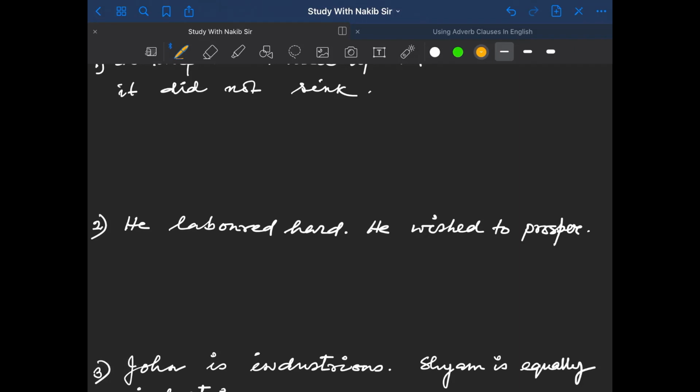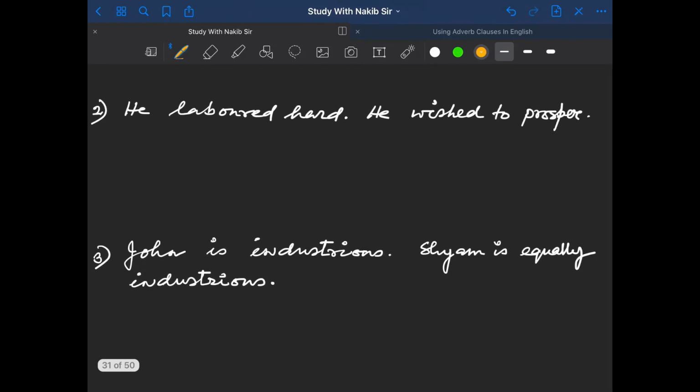Number 3 and the last one, John is industrious. Sam is equally industrious. Students, copy the questions in your exercise book and do the works with all your patience and interest. It's too long a lesson, I know. And check your answers with my answer.